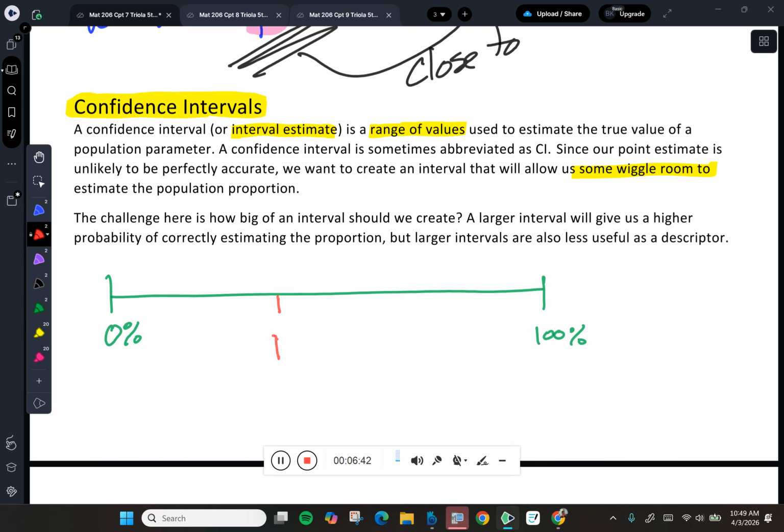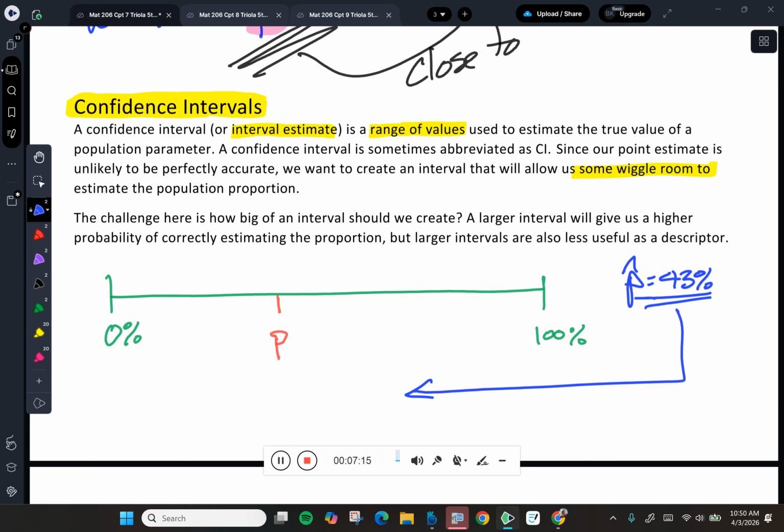Let's just say that this is truly P. And then I went and got my sample proportion, which we said was P hat, and it was 43%. I'm trying to use this to estimate that population proportion P, but it's most likely going to be off. It's probably not going to hit P exactly. So what I do is I build a little bit of an interval around it.